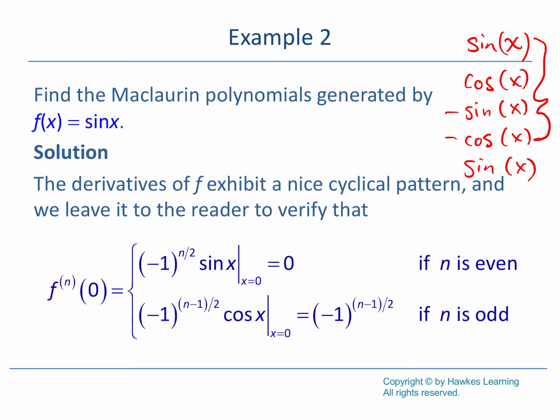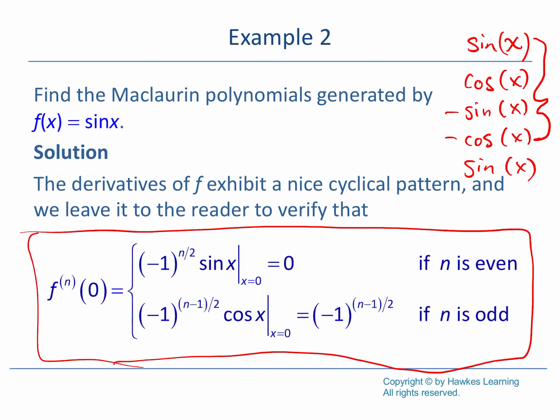And so these things repeat every 4 terms, and that's how you get this crazy piecewise definition where, yes, you do have sines on the even terms and you have cosines on the odd terms, and the signs on those trig functions alternate depending on where you're at.